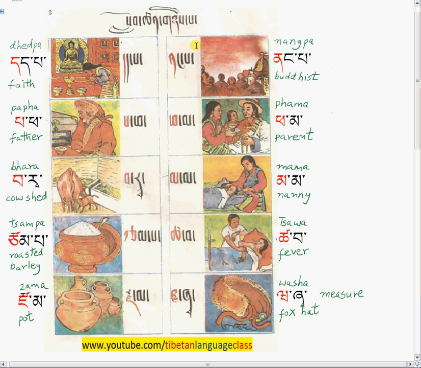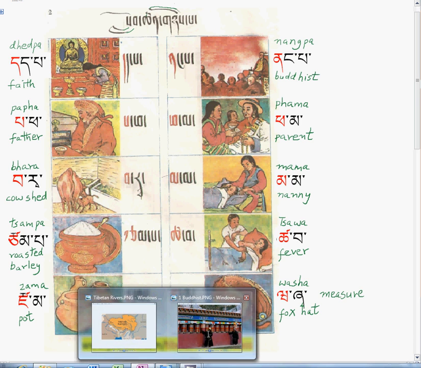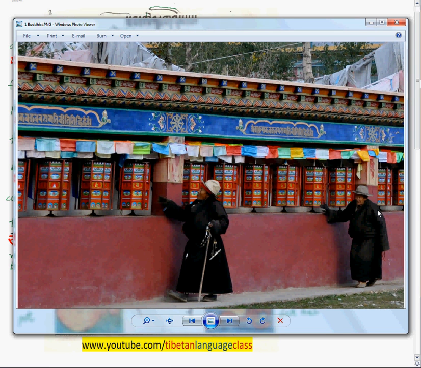And like we did in lesson number 1, I have some related pictures for lesson number 2. So let me grab that real quick. Okay, so these are a couple of elderly Buddhist grandmas circumambulating around the temple or the monastery, and these are prayer flags.